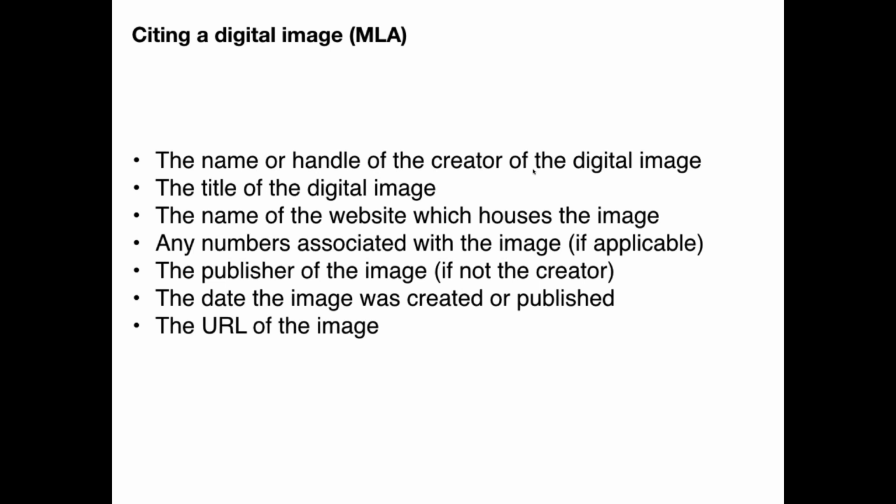You have to find out what the actual straight URL is for that image. The date the image was created, if you're using Flickr or any of those, usually hangs out there somewhere. The publisher of the image might not necessarily be the person who created it. You don't know. You just have to do your best, but you have to give as much attribution as you can. The least amount would be the URL of the image if you can't find anything else.